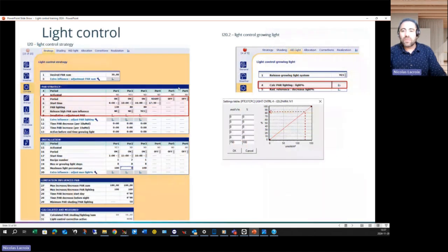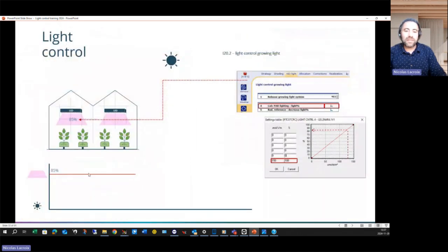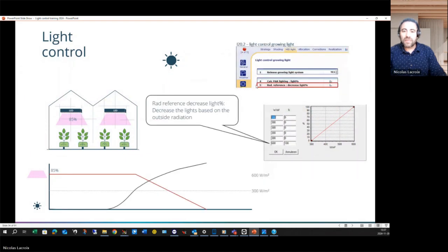So still setting at 130, asking 85% of my fixture. Now I set my radiation reference decrease light percentage that decreases the light based on the outside radiation, like we saw before when we only allocate the outside radiation sensor.